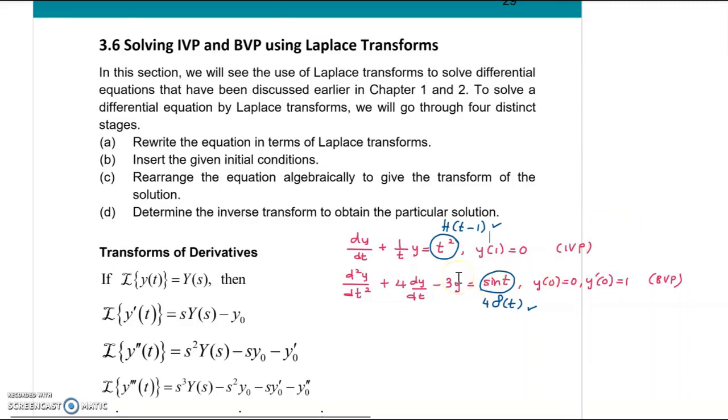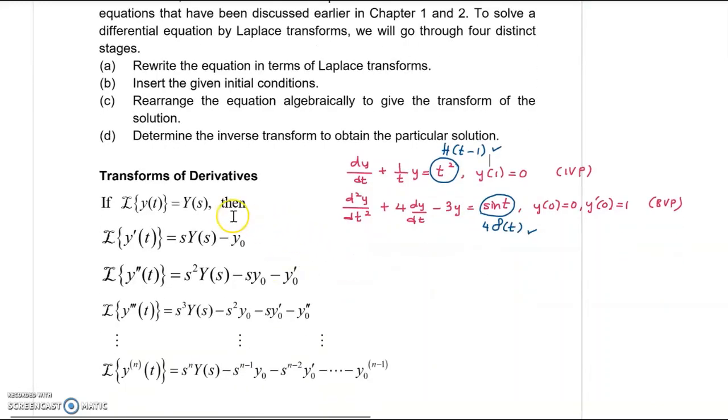We are going to employ this formula, what we call the transform of the derivative. Before this, from section 3.1 up to 3.5, we used this notation: the Laplace of f(t) equals F(s).